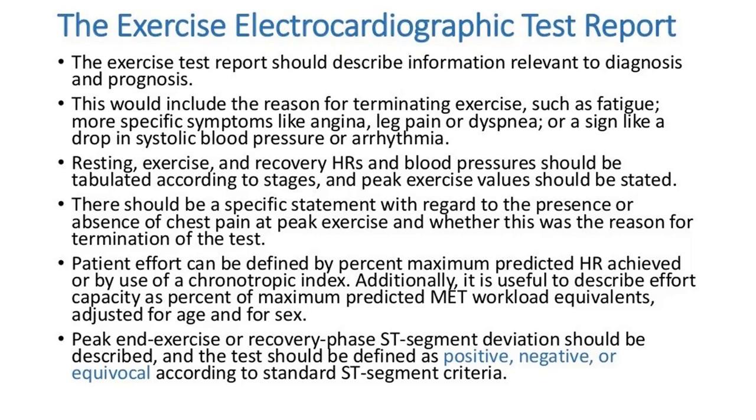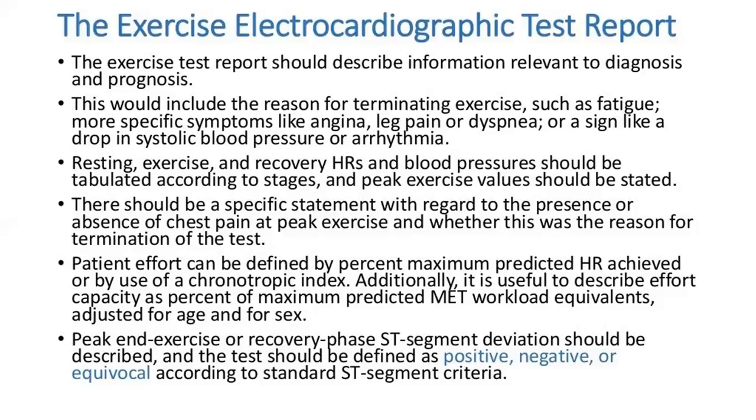Resting, exercise, and recovery HRs and blood pressure should be tabulated according to stages, and peak exercise values should be stated. There should be a specific statement with regard to the presence or absence of chest pain at peak exercise and whether this was the reason for termination of the test.